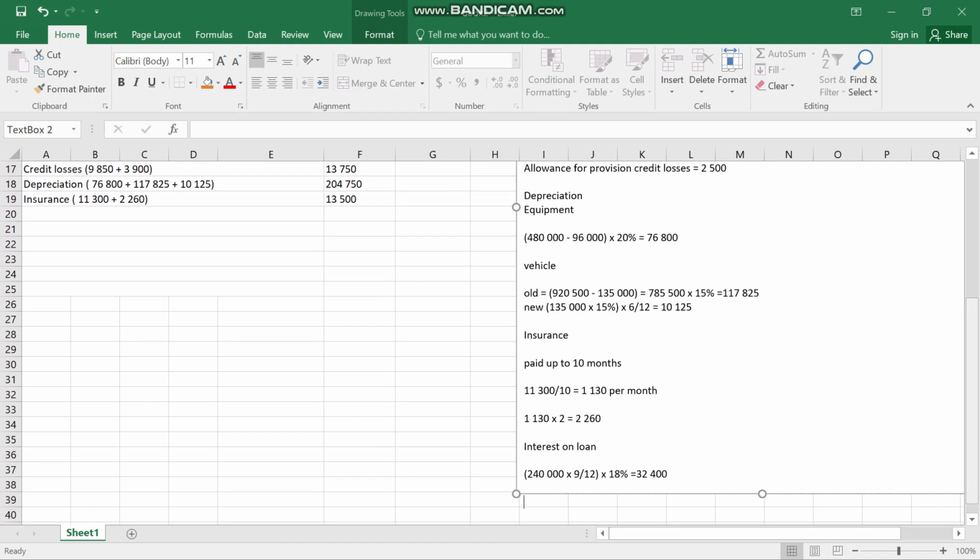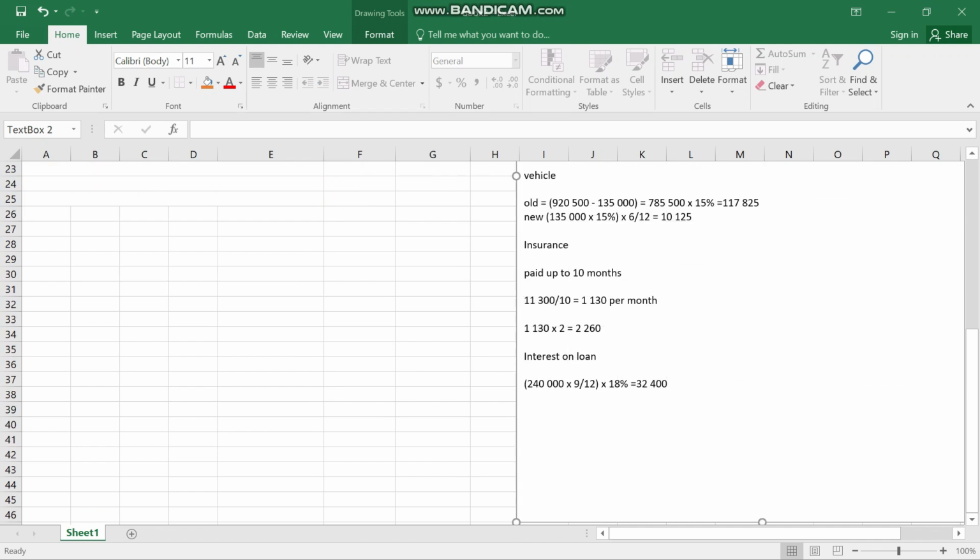Then we head to the first term. The first term of the loan is 240,000 minus the 60,000 of the loan repayment, right? Multiply by 18%, which equals 54,000.